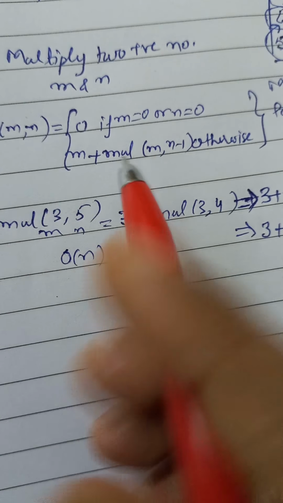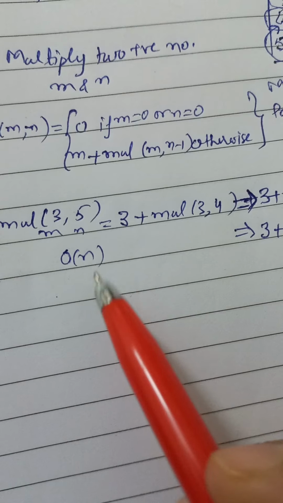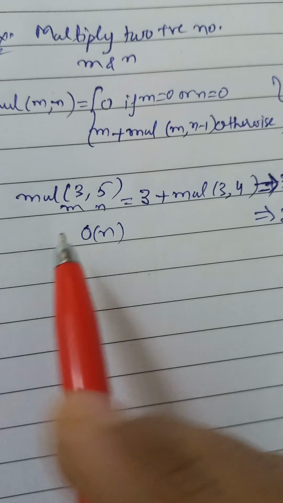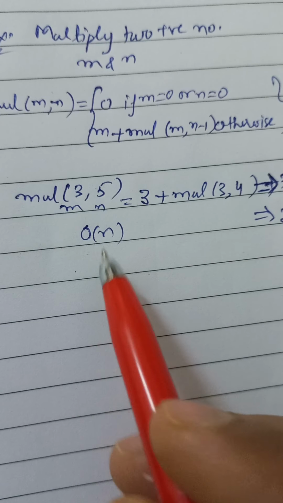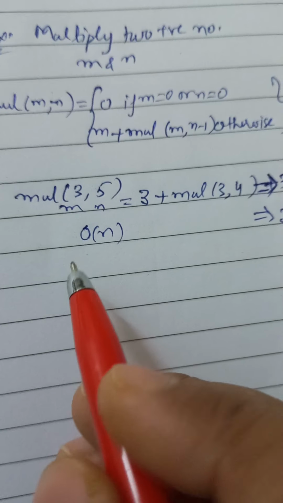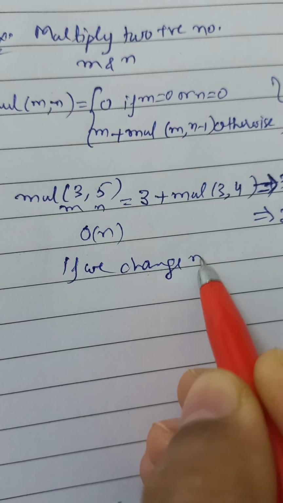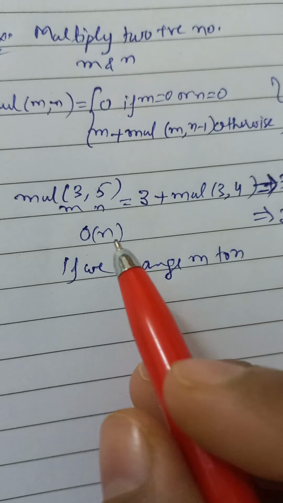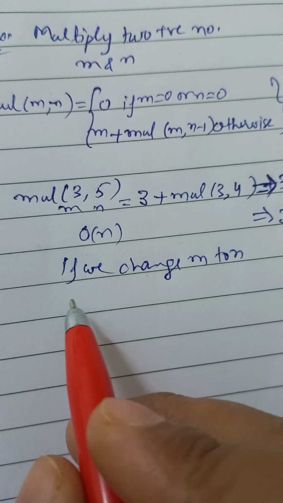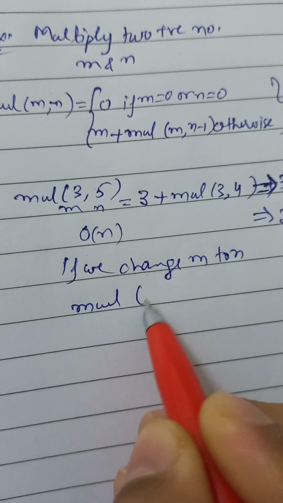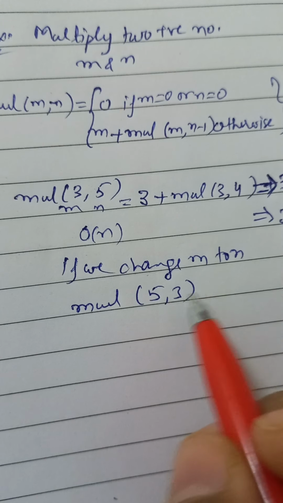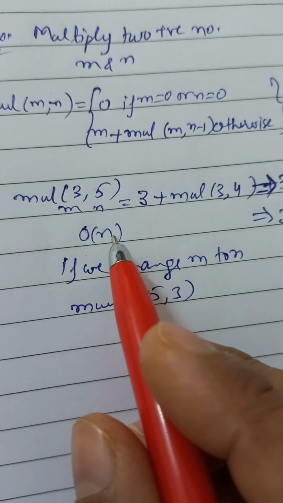Now if we change m and n, the order will get decreased. If we write like this: multiply 5 into 3, it will take less time and the order will change.